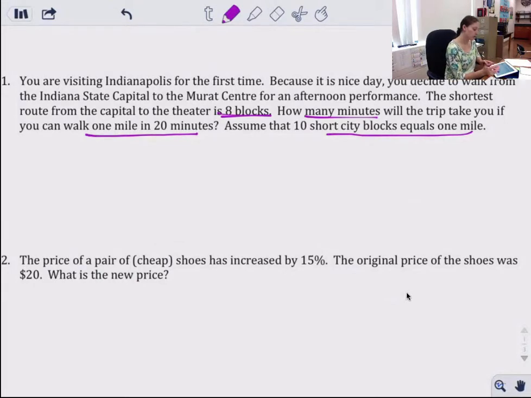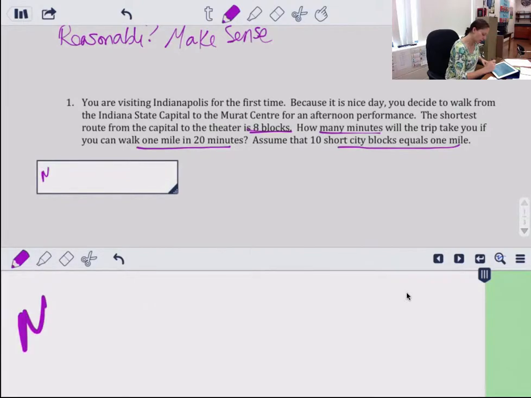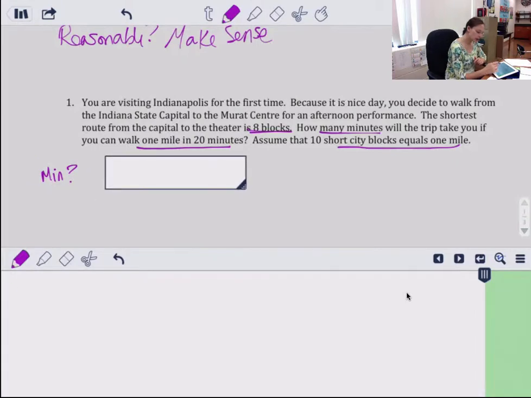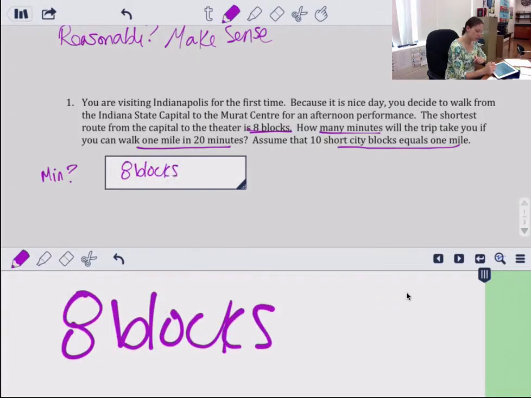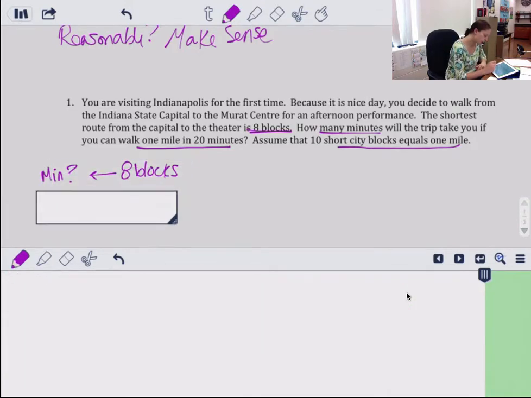First up is the question. I want to know how many minutes. So that's my thing here. I'm going to say minutes. What do I know? Well, the problem tells me that the route that I'm taking is 8 blocks. So I have 8 blocks to walk, and I want to know how many minutes those 8 blocks will take me. What else do I know?